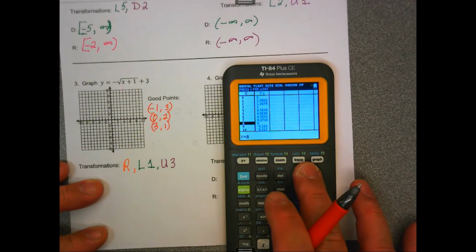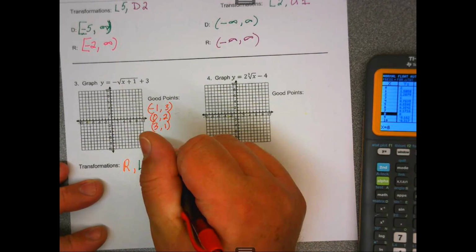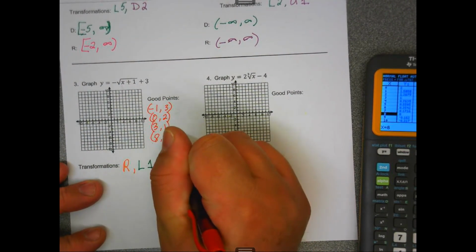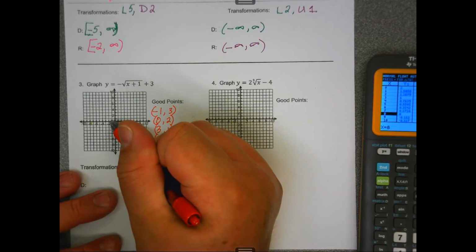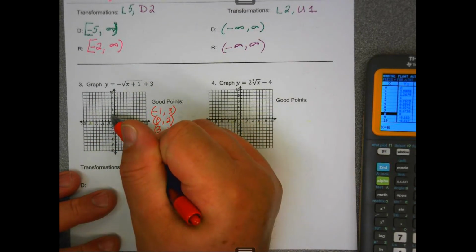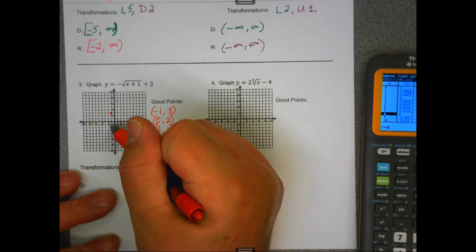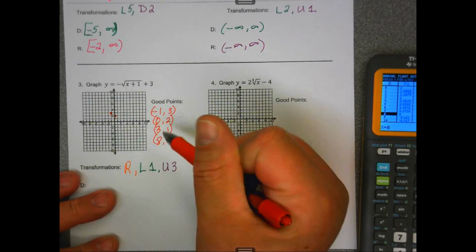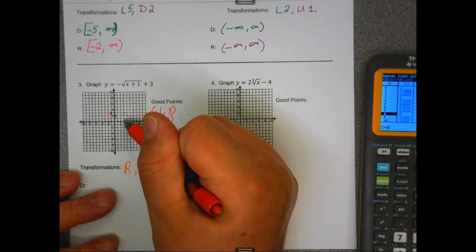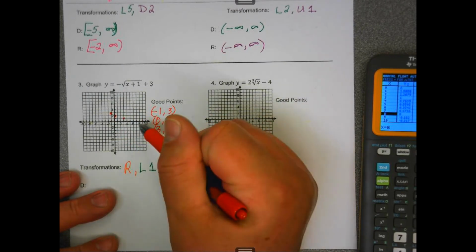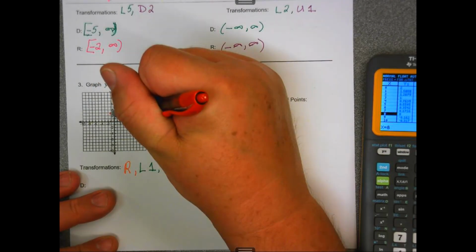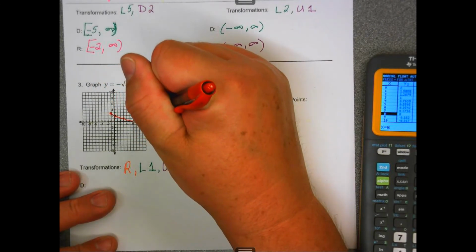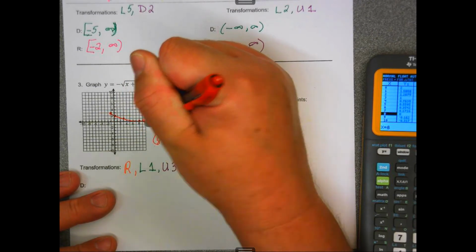Whoop. 8, 0. Okay. -1, 3, 0, 2, 3, 1, 8, 0. So here's my square root transform function.